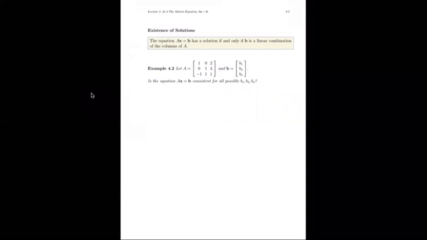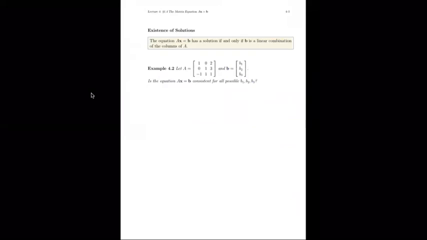So as far as existence of solutions goes, we have a result which follows that the matrix equation AX equals B has a solution if and only if B is a linear combination of the columns of A. Well, let's go back. That's really just a deduction of the previous result.